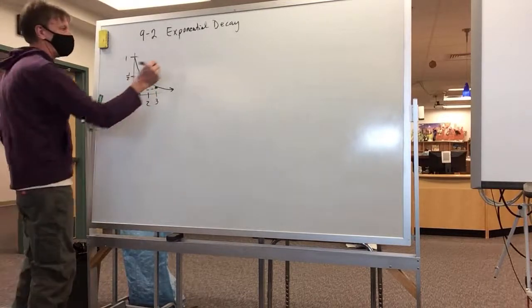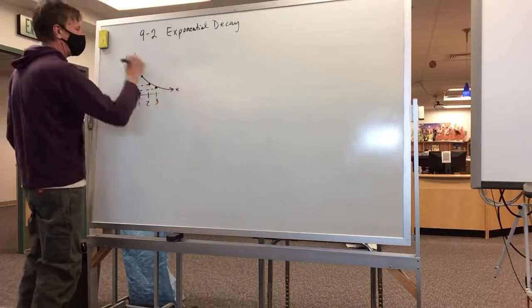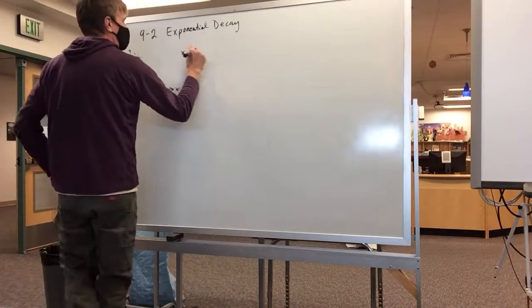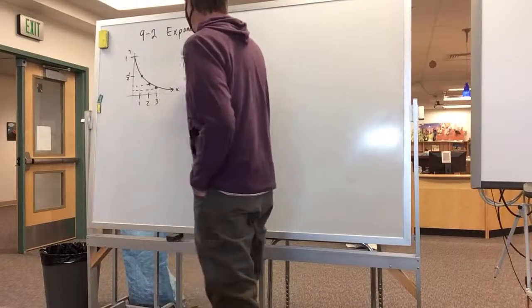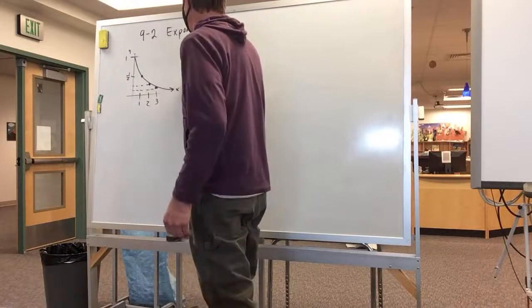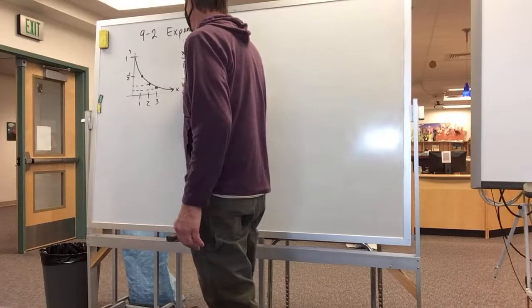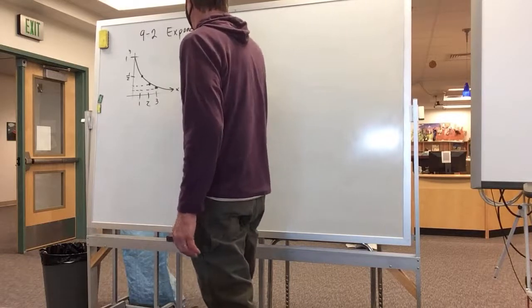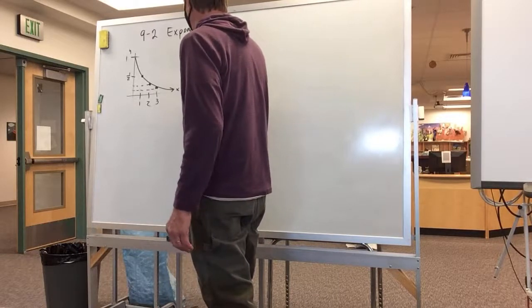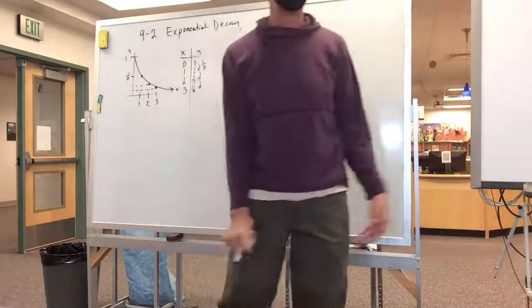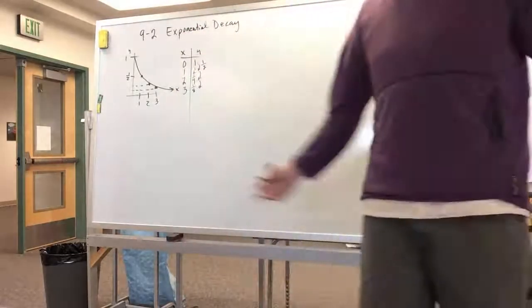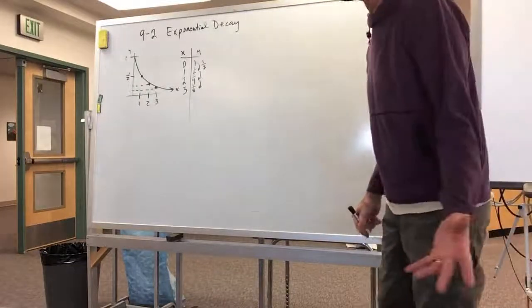So what you might have, if this is x and this is y, is that in 0 changes you have 1 whole, and in 1 change you have a half, in 2 changes you would have a fourth, 3 changes you would have an eighth. So you have this constant here, where you're multiplying by a half, repeatedly. It's just a matter of how many times you're going to multiply by a half.